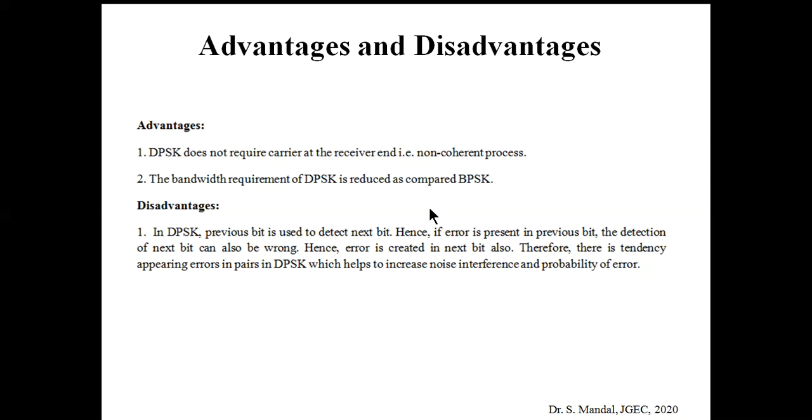For that reason, only one bit can be erroneous. But in case of DPSK, if any bit becomes erroneous, that will cause the next bit to become erroneous. So for that reason, we may conclude that DPSK has more tendency to suffer noise interference, and it has more probability of error.